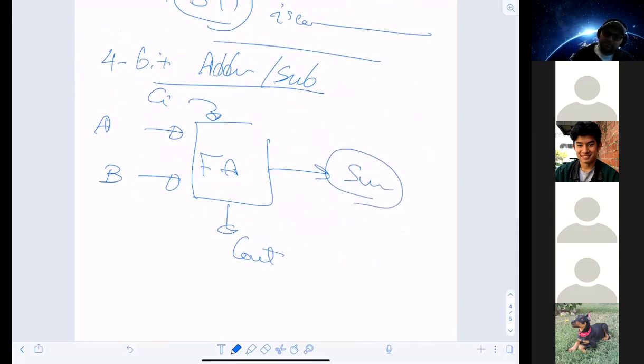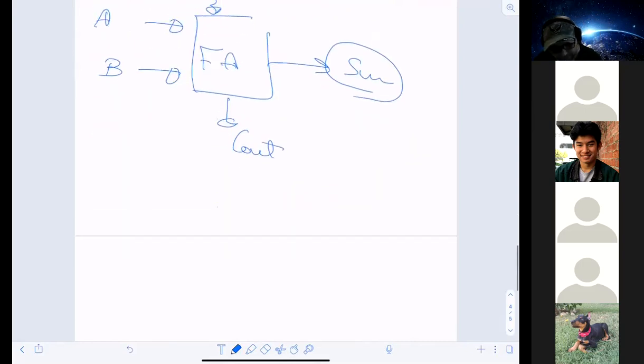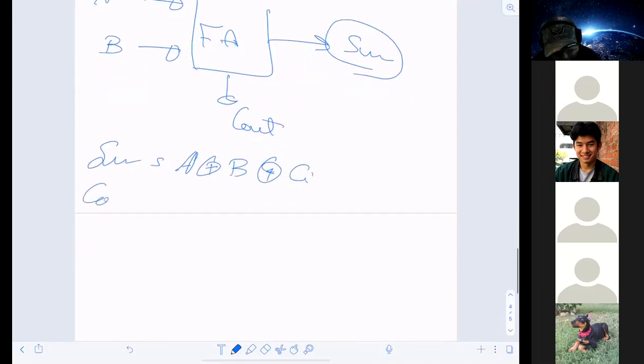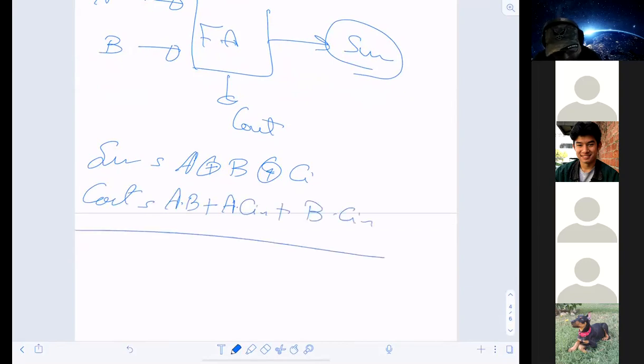If you remember the equation, it's A XOR B XOR C in, and the carry out is A with B ANDed, A with C in ANDed, B with C in ANDed. We have done this many times.